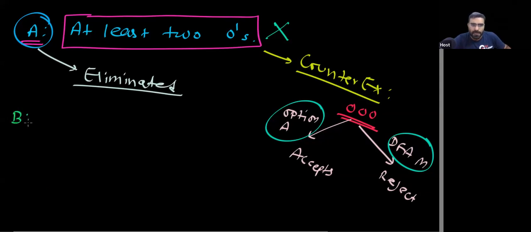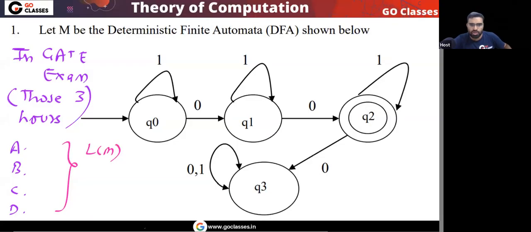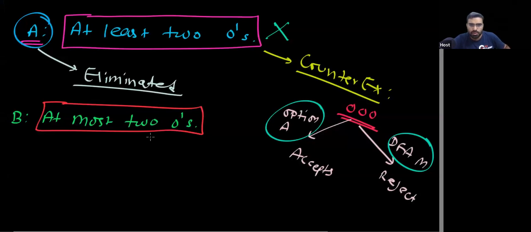Tell me another. If this is your option B, at most 2 zeros, then what counter example will you take? Here again, this option is wrong, and you can easily give a counter example.